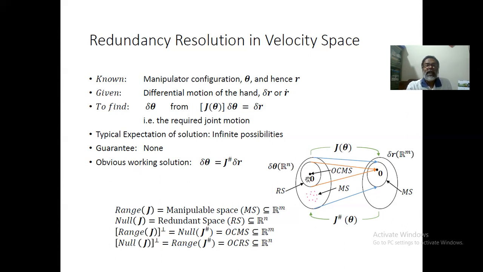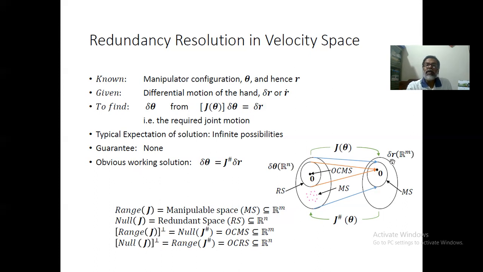So the null space of the Jacobian is called the redundant space. Now, whatever the Jacobian maps to in this space is called the manipulable space.